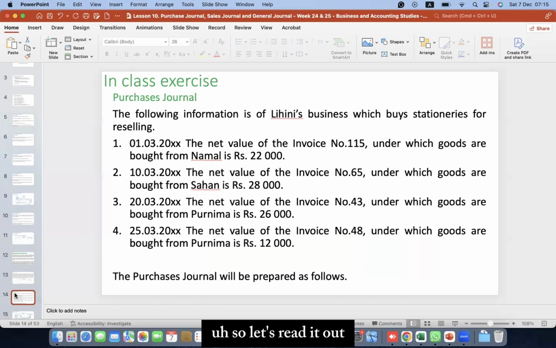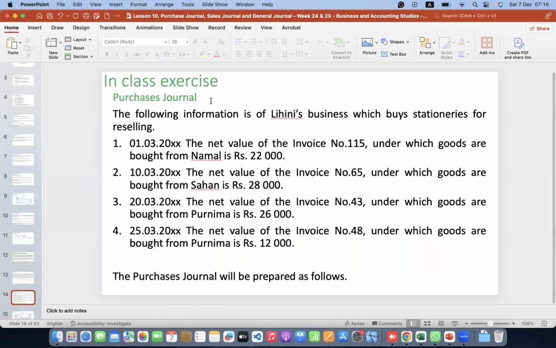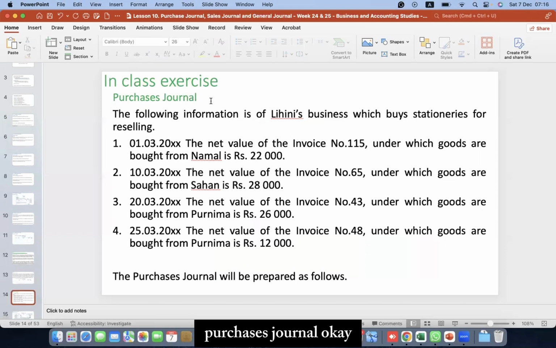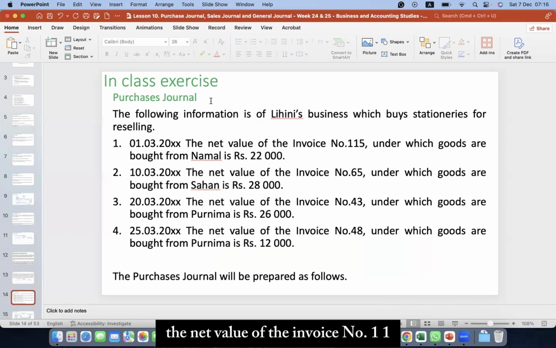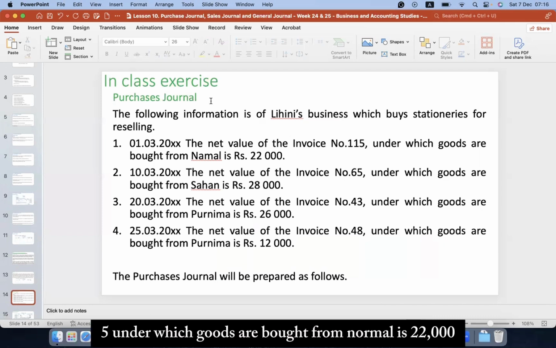So let's read it out. Purchaser's journal. The following is information of Lihini's business, which buys stationaries for reselling. On March 1st, the net value of invoice number 115, under which goods are bought from Namal, is 22,000.